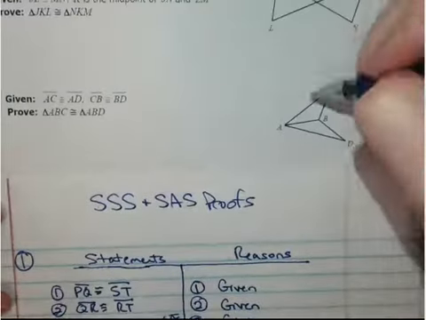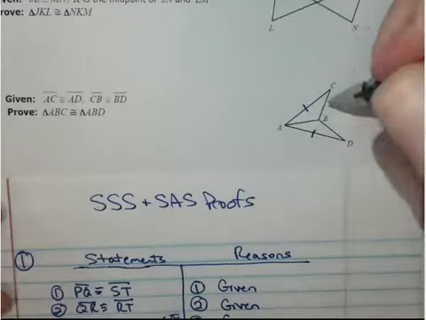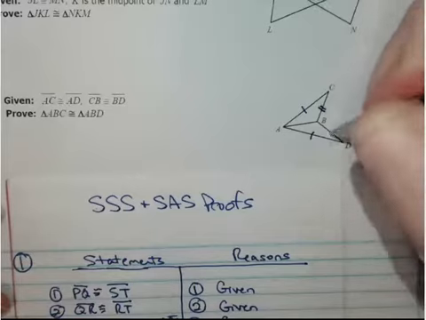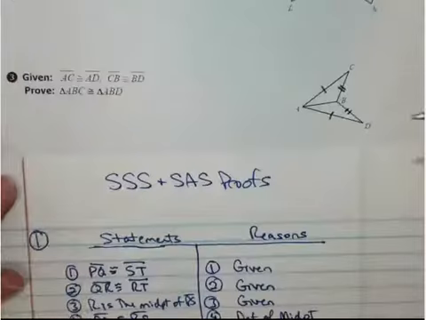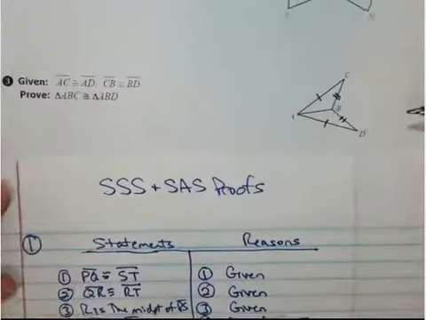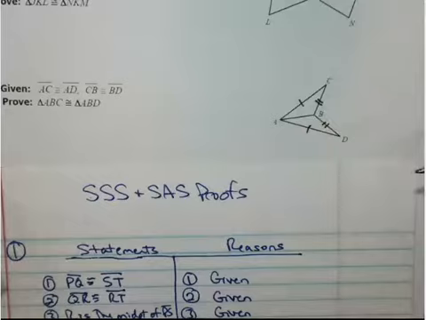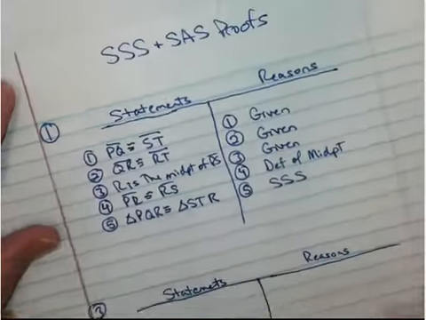Alright, so for this one, I see, and I'm going to mark up a little bit here, it says AC is congruent to AD, and then it also tells me that CB is congruent to BD. And I know that I'm working with side-side-side proofs, so that gives me an idea of what I need to accomplish here. I need to figure out how that side is going to be congruent. So let's start by writing down what they have given us.